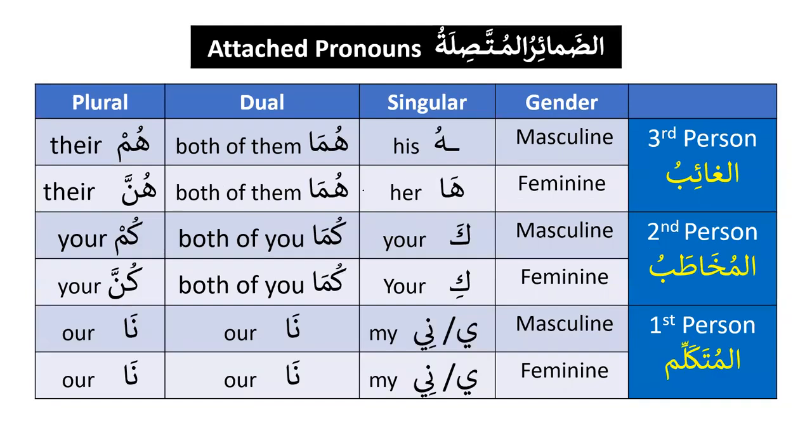Then we have ad-damairu al-muttasilatu, which is called attached pronouns. In the attached pronouns, we have hu, huma, hum, and then we have ha, huma, hunna. That is for the third person. For the second person, we have ka, kuma, kum, and ki, kuma, kunna. And for the first person, we have e, which comes with the noun, for example, kitab and kitabi. And ni, as we know, it comes with the verb.